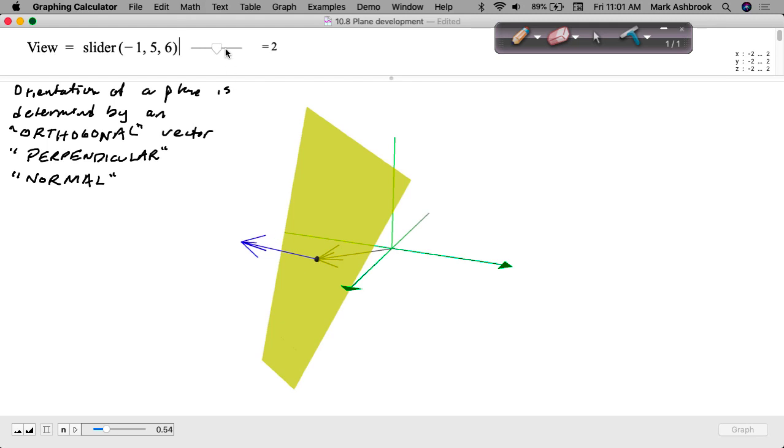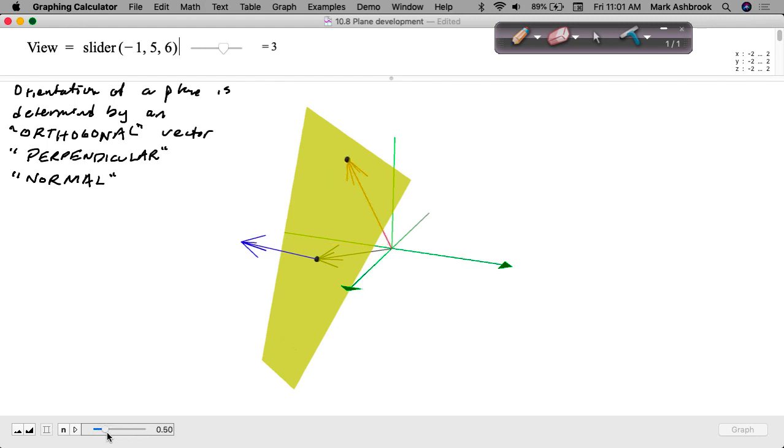Okay, so what am I after? I'm after every point on the plane, right? So we have this red vector that is like every point on the plane. So the question is, how do we model that? That's going to be my x, y, z like we had in the line. How do we use the given point and the normal vector to come up with this vector that I'm showing that will give us every point on the plane?